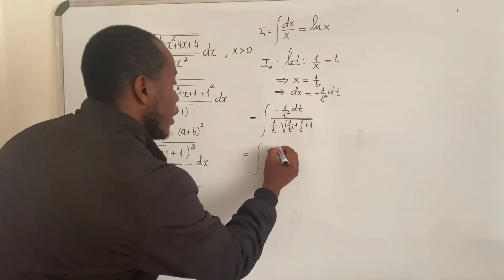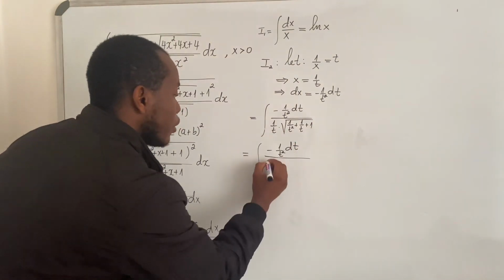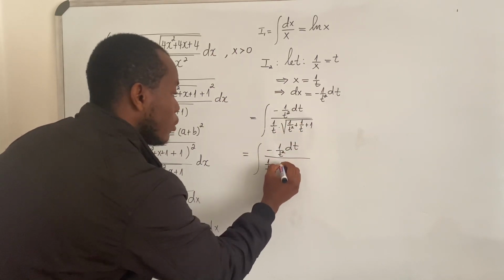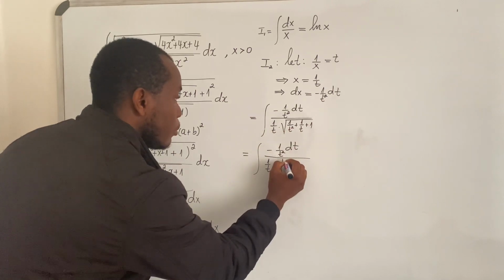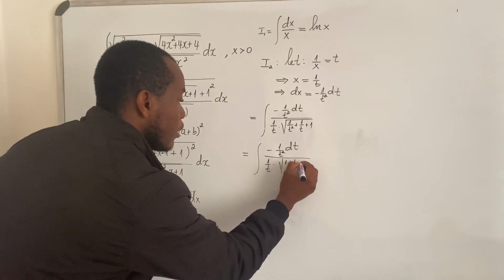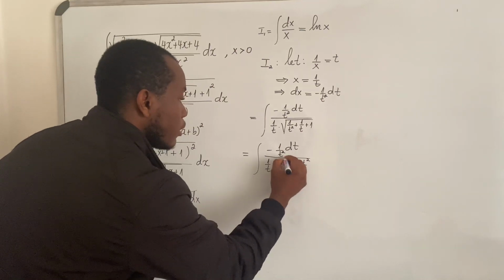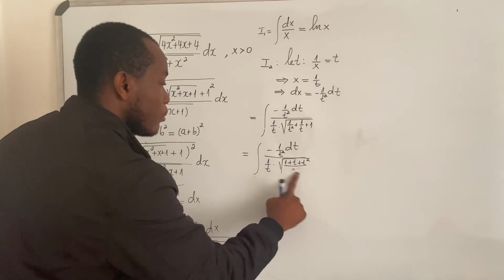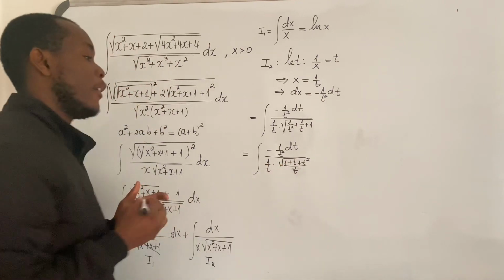So we're going to have minus 1 over t squared dt, and here we're going to have 1 over t times square root of, since it's the common denominator, 1 plus t plus t squared, because this is 1 over t squared. But if you check, the square root of t squared can come out, becoming just t, so I can put the square root here and just t here.